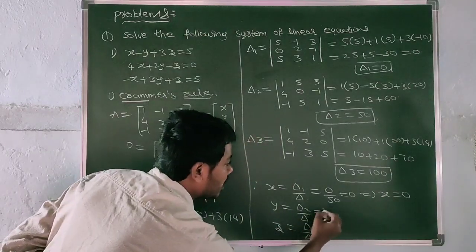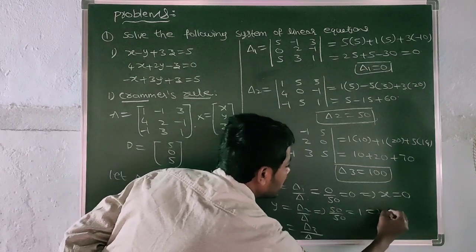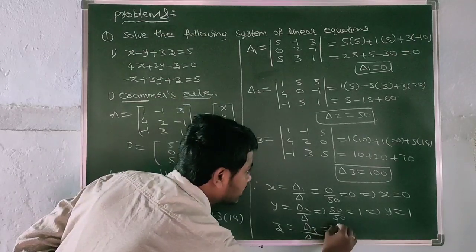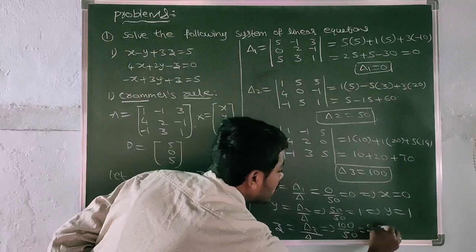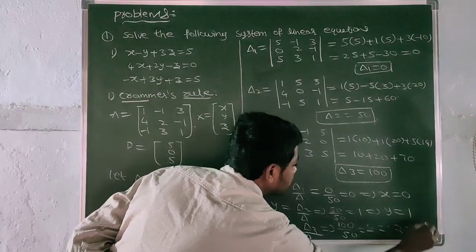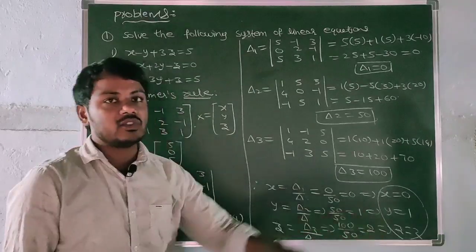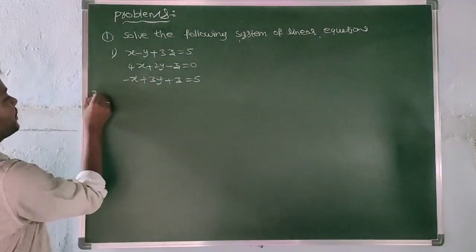And delta 2 value is 50 by 50 is equals to 1. From this y value is 1. And z is delta 3 by delta. That is 100 by 50 is equals to 2. From this z is equals to 2. So clearly x, y, z are the solutions of given system of linear equations.